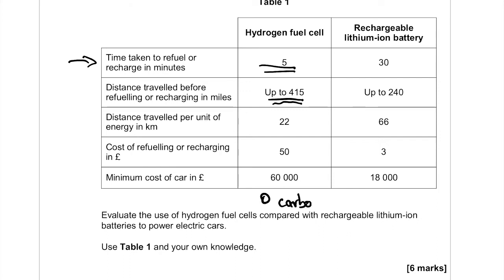So you've got the zero carbon advantage versus lithium-ion battery, which uses mains electricity, and as we all know, mains electricity is mostly fossil fuel powered. So that is one advantage.